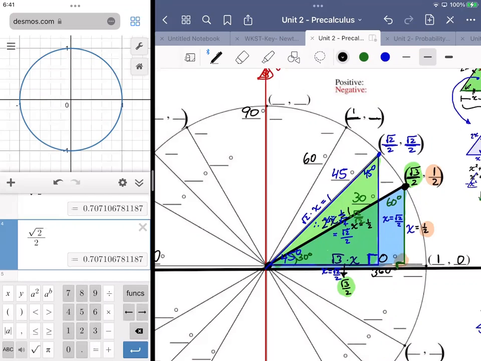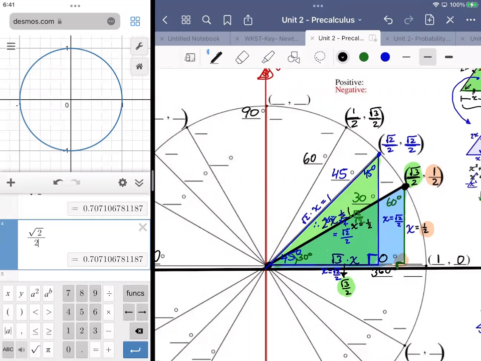Instead of radical 3 over 2, comma, 1/2, it would be 1/2, comma, radical 3 over 2, because the roles of 30 and 60 degrees got reversed. So everything corresponding with those values would also get reversed. So you're already able to draw a nice conclusion without having to do any kind of work, just reasoning it out, which is kind of nice.